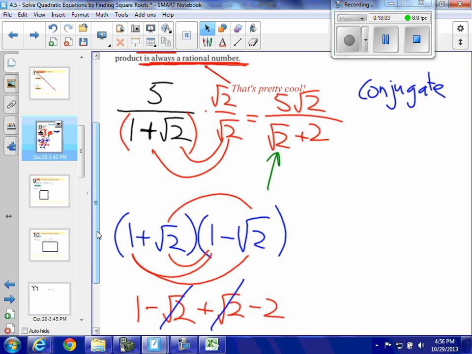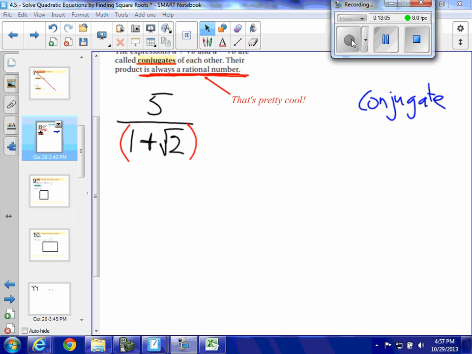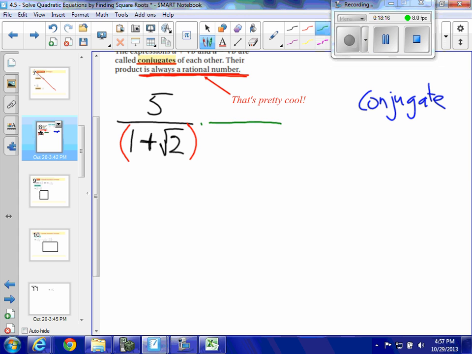So let's do the problem now. My original fraction is 5 over 1 plus radical 2. I'm going to multiply that times the conjugate, 1 minus radical 2. But I have to multiply it by 1, which means I'm multiplying it by 1 minus radical 2 divided by 1 minus radical 2.